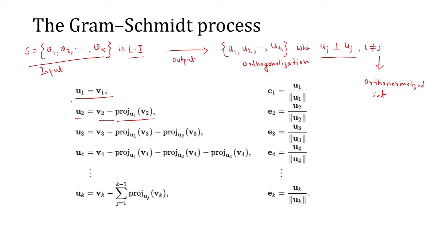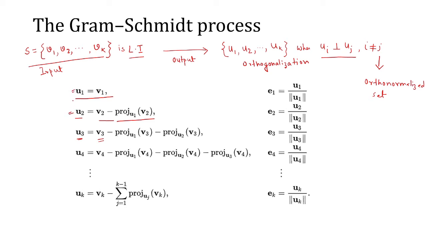So first step, u1 equals to v1. The second step, u2 would be v2 minus the projection of v2 in the direction of u1. For the third vector, u3 would be similarly v3 minus the projection of v3 in the direction of the first two vectors, that is u1 and u2.